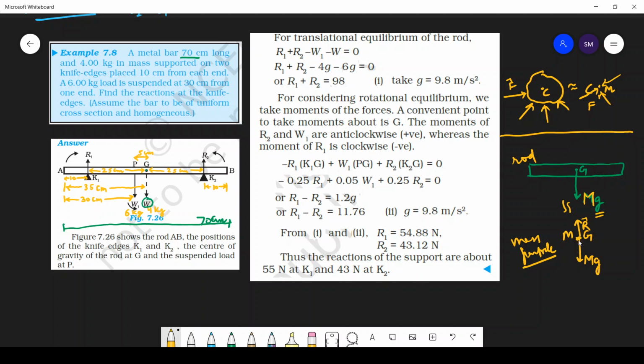You can assume that the whole mass is concentrated at this point and the body is being pulled down by the earth with m into g. So at this point you have to apply the equal and opposite force, the reaction force, mg upward, and then only it will be in equilibrium. Is this clear? So this mg I am going to write as the weight of the body.